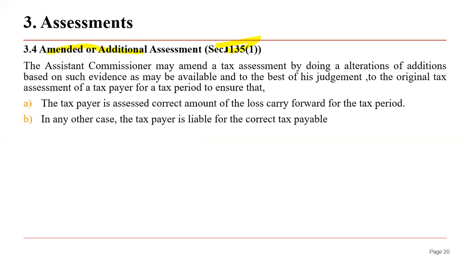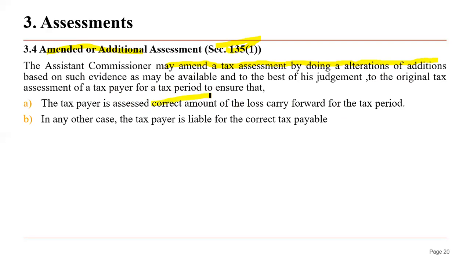Here, section 135, the assistant commissioner may amend a tax assessment, which may be a self-assessment, by making alterations or additions based on the evidence available, to the best of his or her judgment. The assistant commissioner amends the original assessment of the taxpayer for the period by making the alteration, which is the keyword, to ensure that the taxpayer is assessed the correct amount or loss carried forward for the tax period.